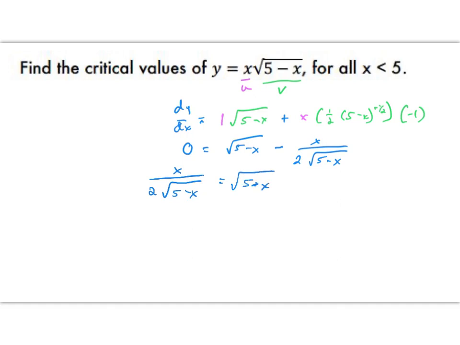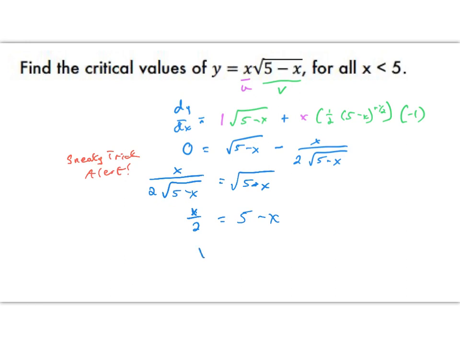And most of my students remember me issuing what I like to call a sneaky trick alert, because this one allows us to multiply both sides by what's in the radical, and when we do that we get x over 2 is equal to 5 minus x. As you multiply radical by itself, poof, the radical goes away if it's just a square root, which is nice.